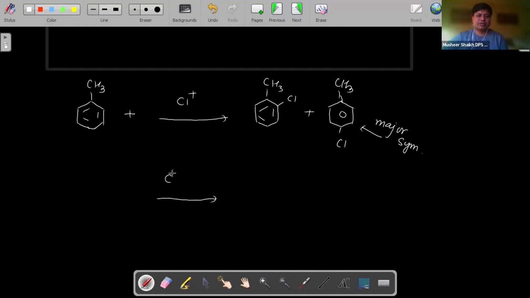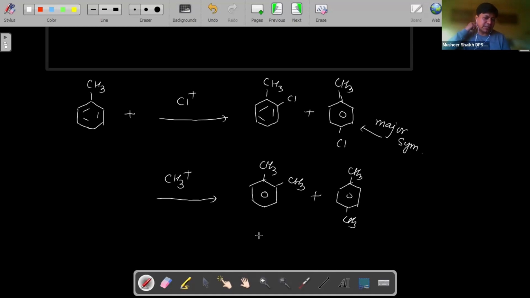If you react with CH3 plus, you will get the dimethylbenzene, where the para product is more symmetrical.